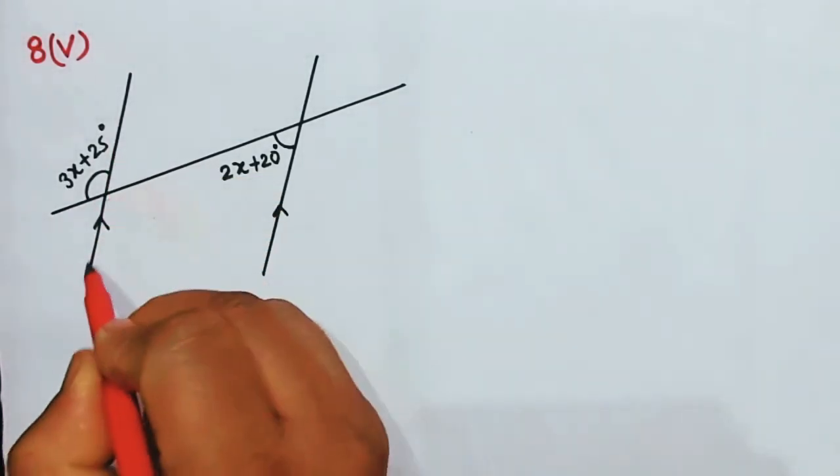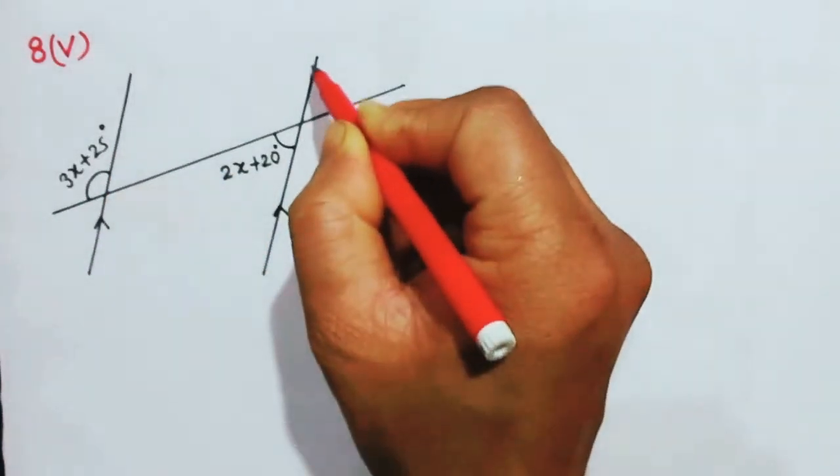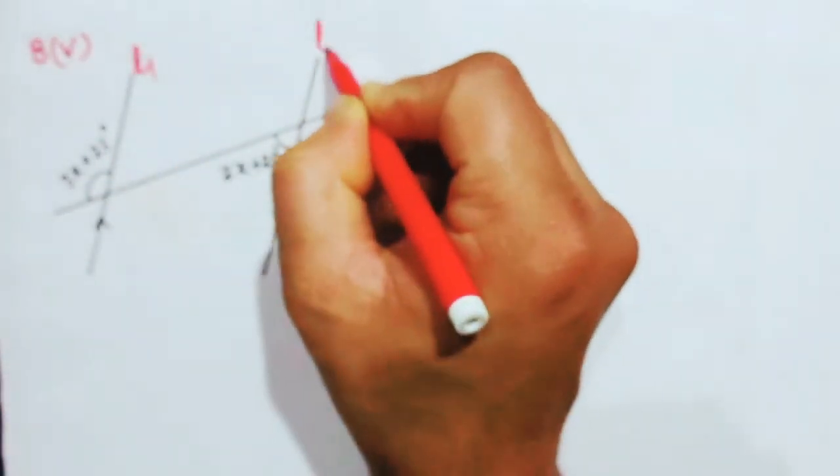3x, have a look here. Observation. This line and this line, L1 and L2, are parallel.